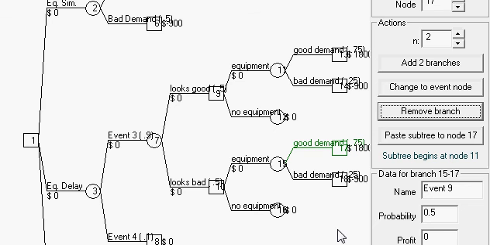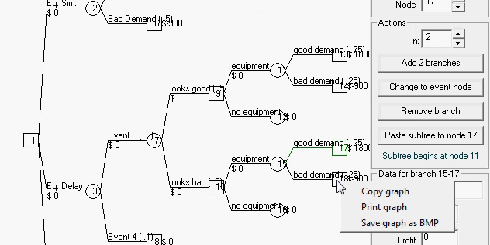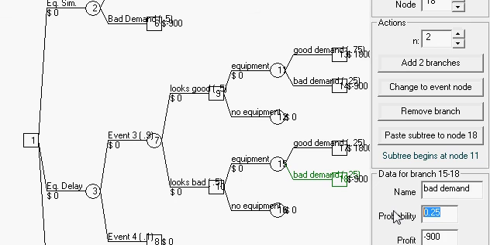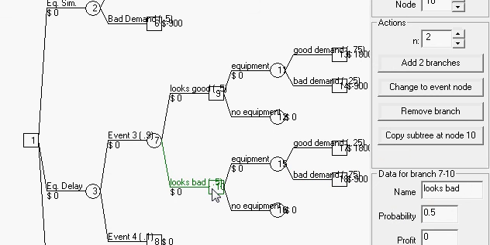Right, so if it looks bad, I can elect to build the equipment anyway, and then I get good demand and bad demand, but now I need to change the probabilities. So the chance of good demand is 0.25, and the chance of bad demand is 0.75 because we received a bad signal during the delay period.